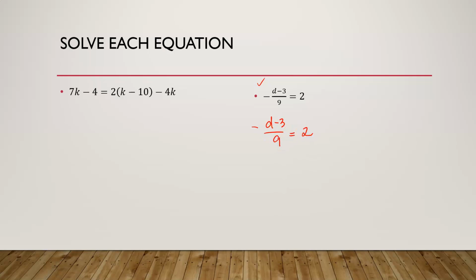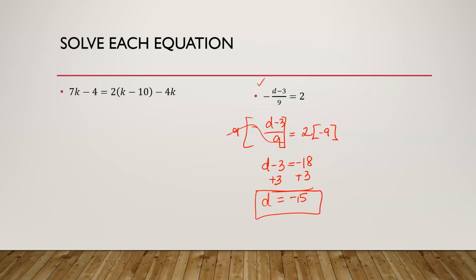I am going to take each side and multiply by negative 9. Okay? So that cancels that, and then I have d minus 3 equals negative 18. And then I'm going to add 3 to each side. So I have d equals negative 15.